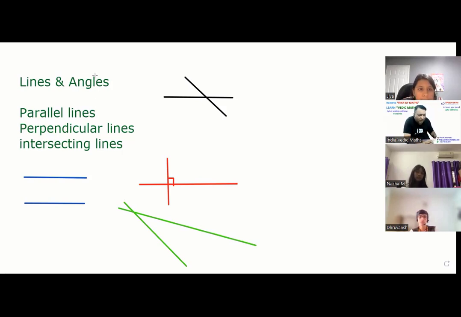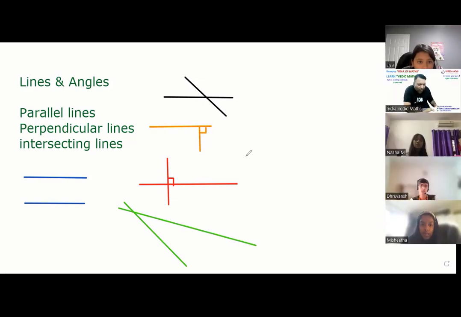If I make another orange line, tell me, Kanak, or Jia, or anyone, what you will call it. The orange lines. Perpendicular lines, perpendicular intersecting lines. Perpendicular is always intersecting, right? Is everyone cool about parallel, perpendicular, intersecting?